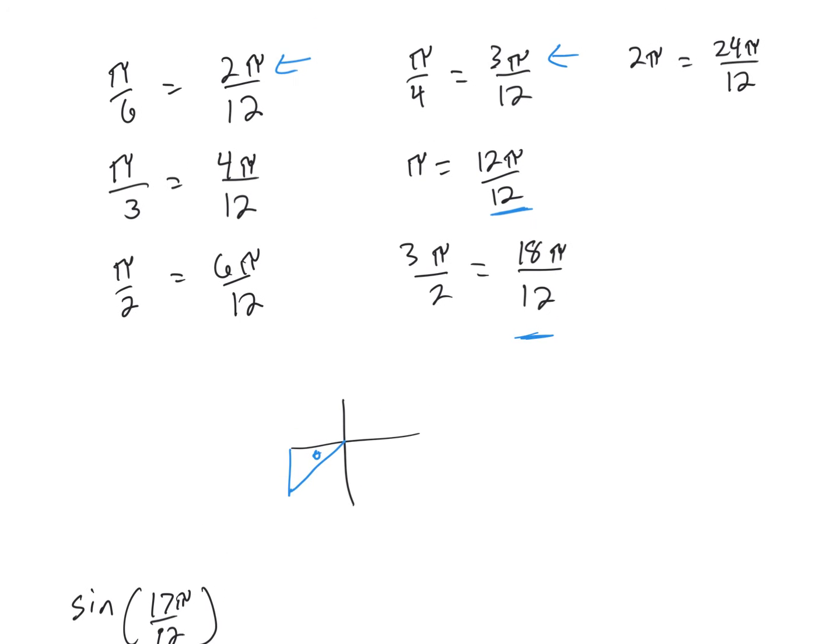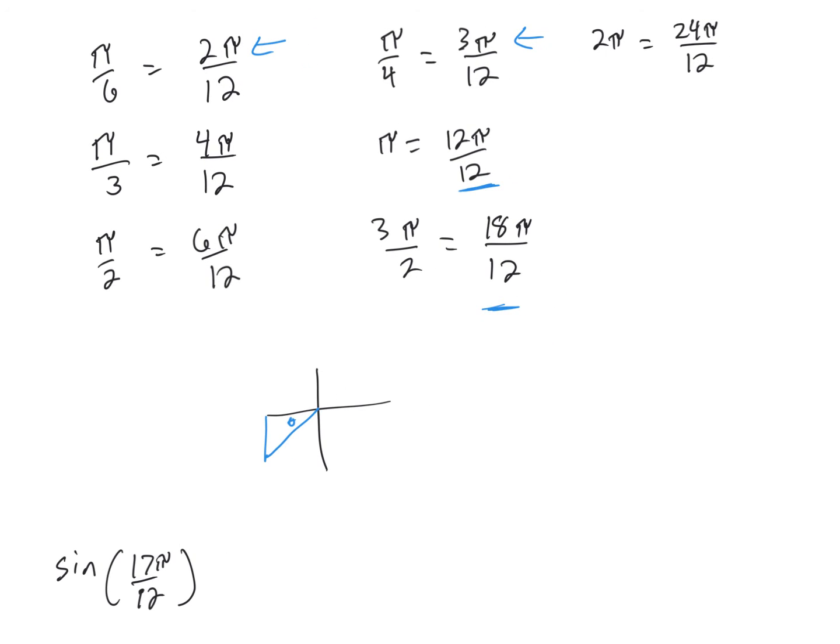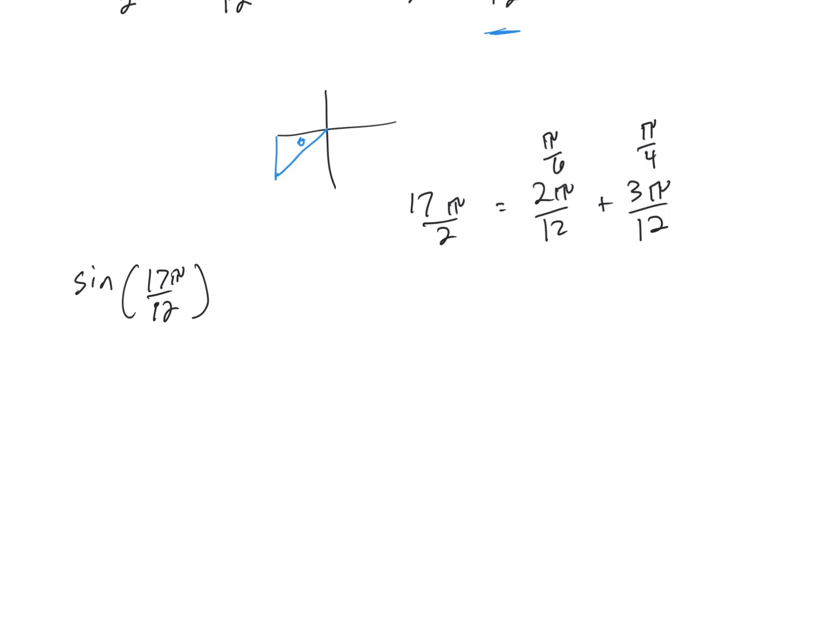So here, if I did my sine of 17 pi over 12, the reference angle we are using is 2 pi over 12 plus 3 pi over 12, which is equivalent to pi over 6 and pi over 4.